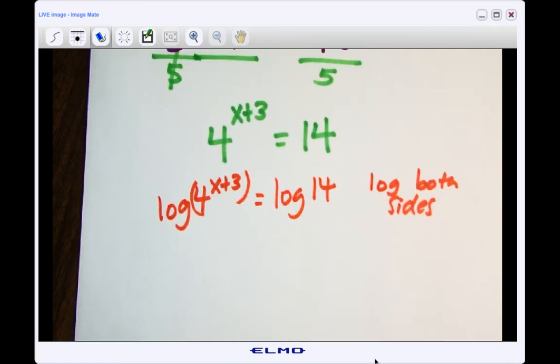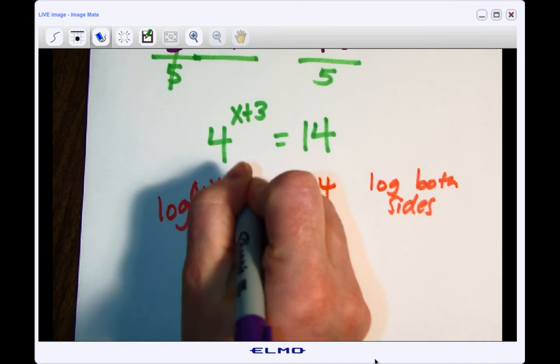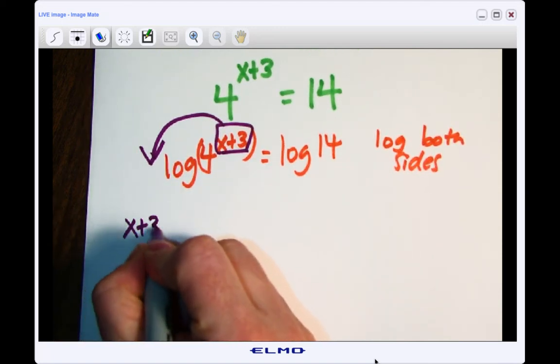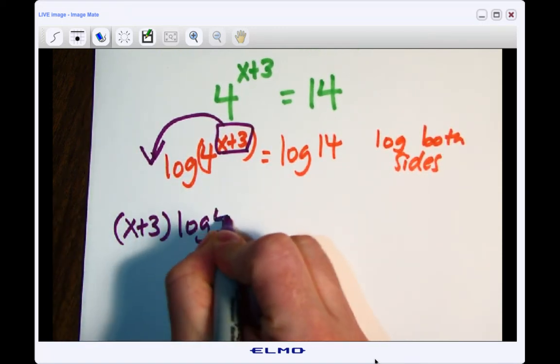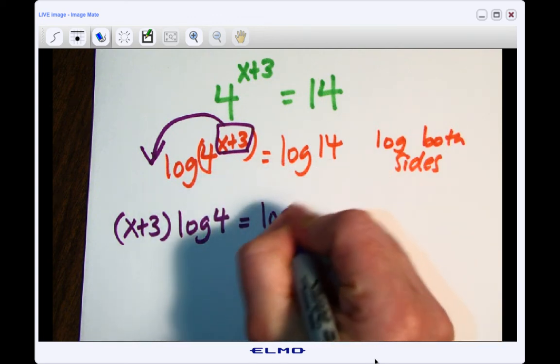Now I'm going to use my exponent rules, and this is why we changed it to a log, so that I can move this thing down here. So I'm going to say (x plus 3) log 4, is what's left, is equal to log 14.